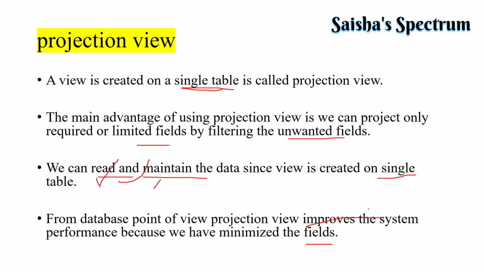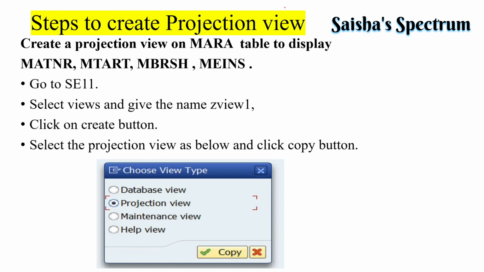So, comparing database view and projection view, the performance of a projection view is better than the database view because there are a minimum number of fields in the projection view, and the projection view is created on a single table. So let us see the steps to create a projection view.